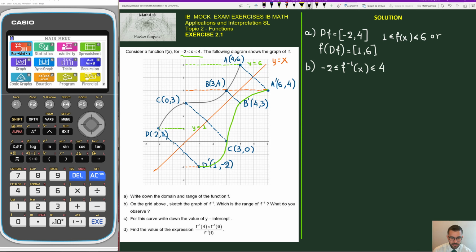So we observe that the range of the inverse function of f is the same as the domain of f. So please be careful: the range of the inverse function of f equals the domain of f.